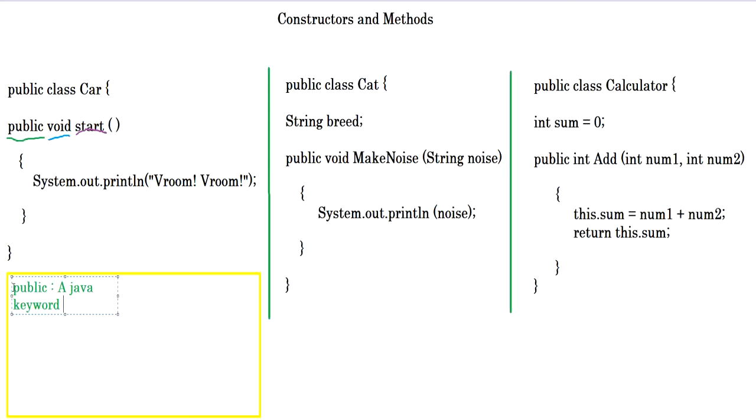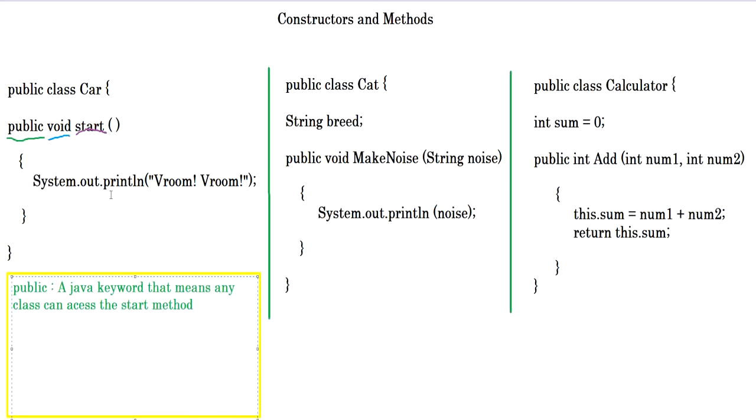So public basically means that any class can access the start method. Alright, so that's what the public word means in terms of methods.